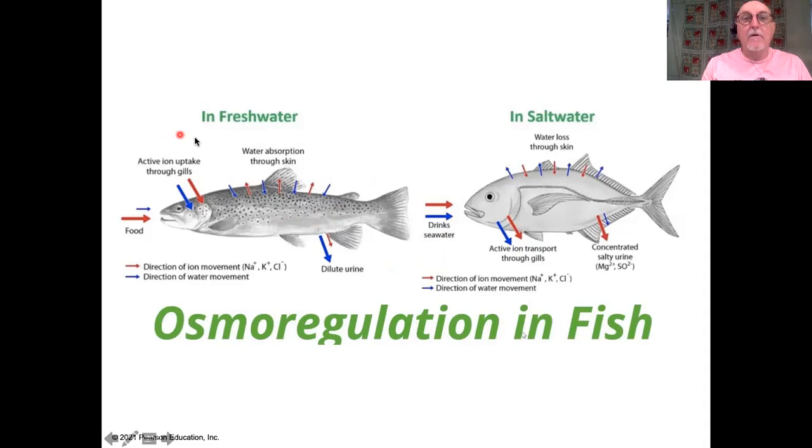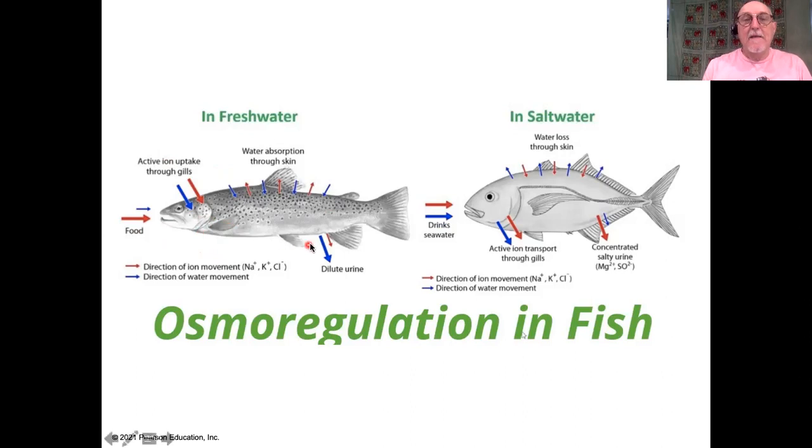Despite the fact that ions are relatively rare in freshwater, freshwater fish have ways of actively grabbing ions and pumping them into their blood to maintain as high a blood concentration as is needed for their physiology to continue. So that's the first thing. The second thing is they extract as much ion as possible from their food in order to maintain the high ionic content of the blood.